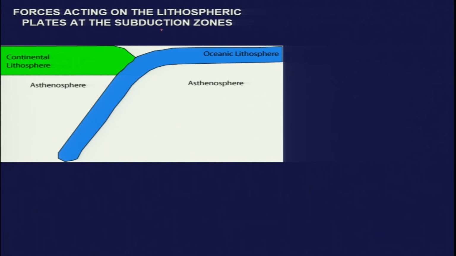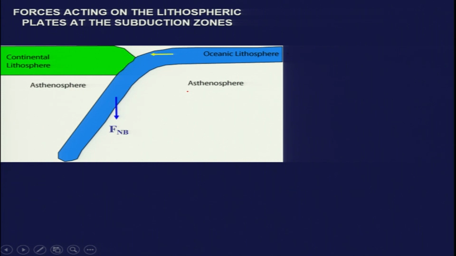We have already discussed two different types of subduction zones, the Mariana subduction zone and the Chilean subduction zone. Irrespective of what type of subduction zone we have, we will just generally discuss the forces acting in the subduction zone. We have the continental lithosphere, which is lighter as compared to the oceanic one, and the oceanic one will subduct below, and both of them are floating over the asthenosphere.